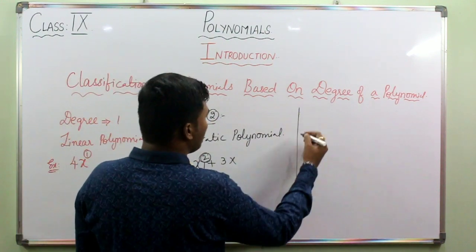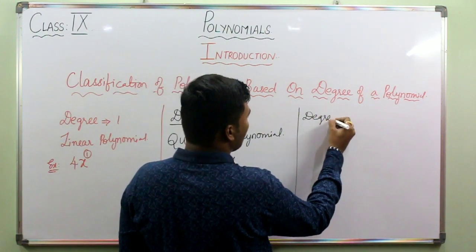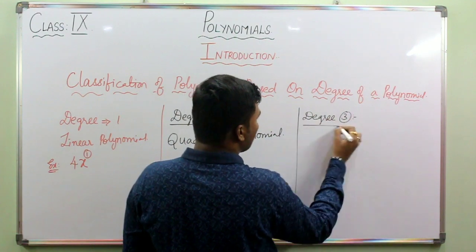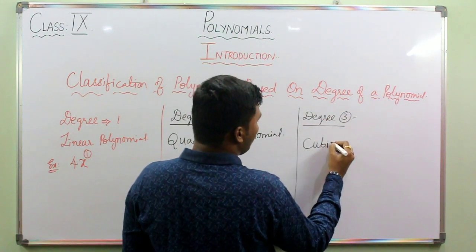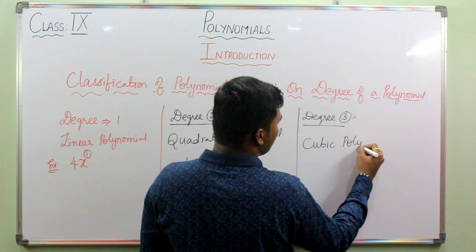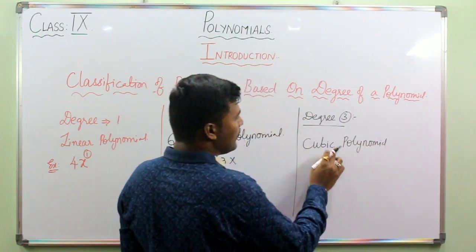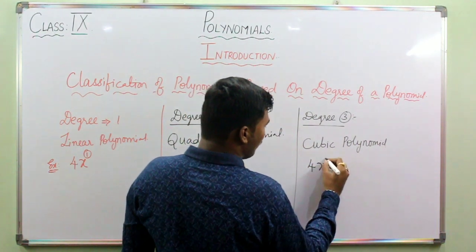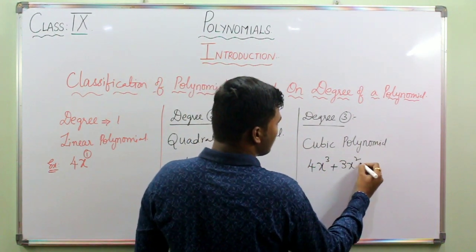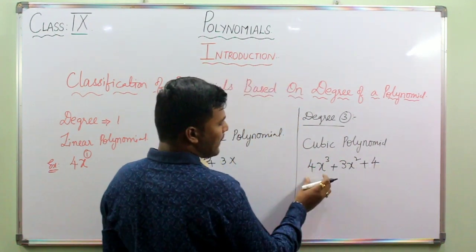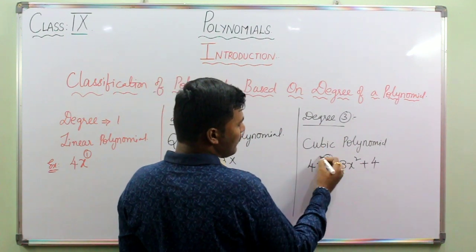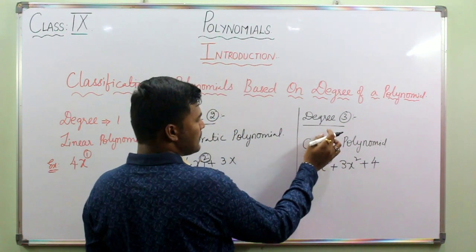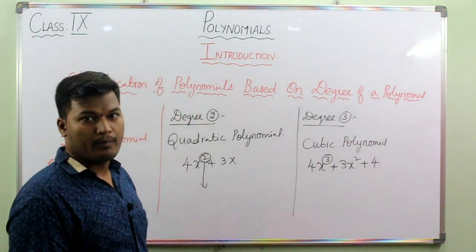The next one is degree 3. If the degree is 3, then it is called a cubic polynomial, that is 4x cube plus 3x square plus 4. Here the highest power is 3 and the degree is 3, therefore it is called a cubic polynomial.